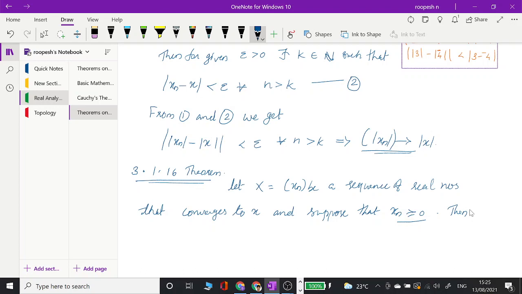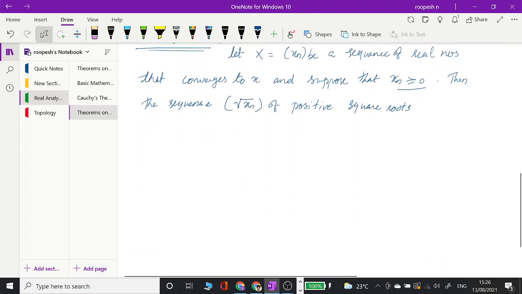Then the sequence of positive square roots of xn converges, and the limit of square root of xn is equal to square root of x.